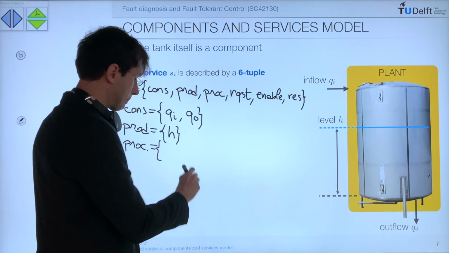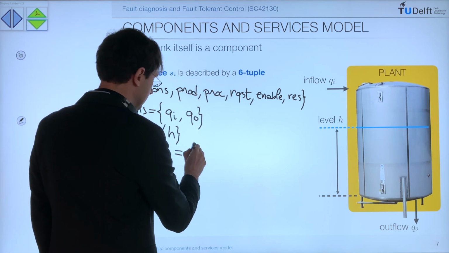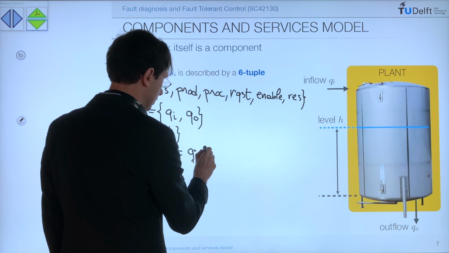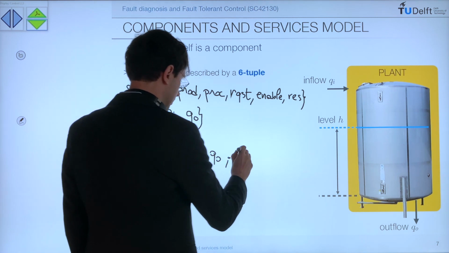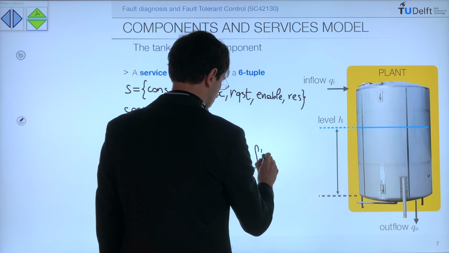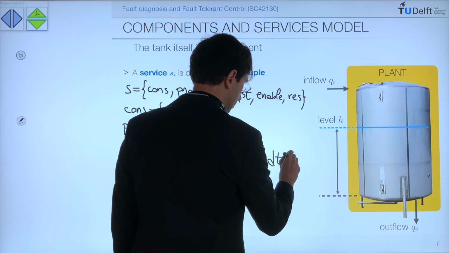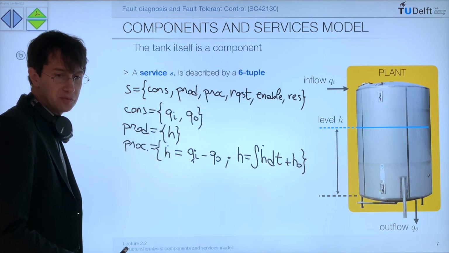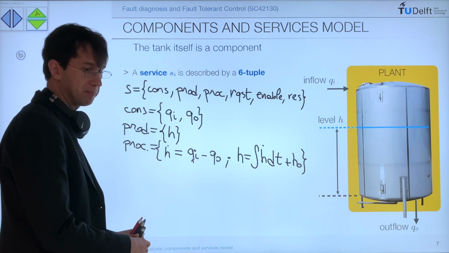The equation that tells us that the derivative of H, assuming a unitary cross-section, is inflow minus outflow. And we also know that H is equal to the time integral of H dot plus some initial value H0. So this is what we described in the previous lecture when looking at bipartite graphs.